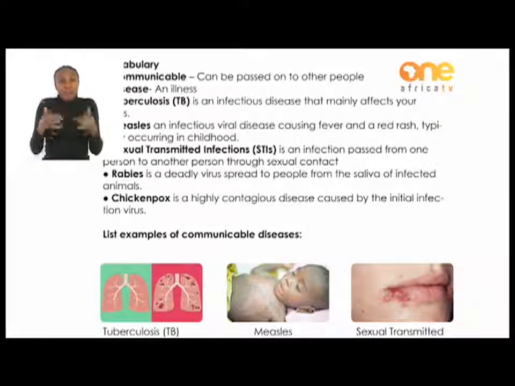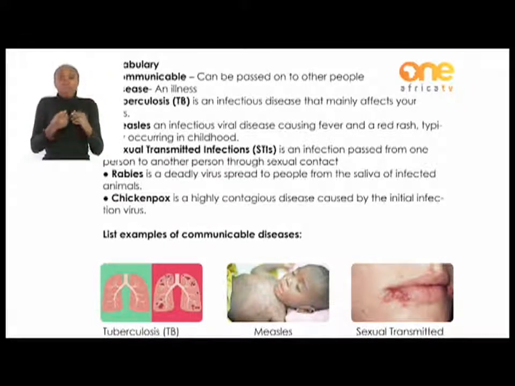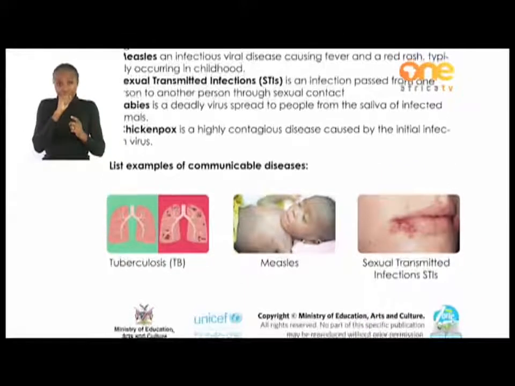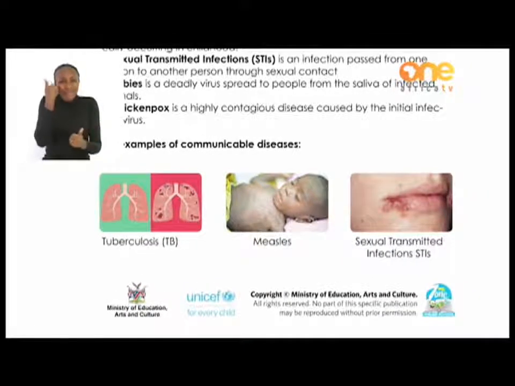Now, what is a communicable disease? It is an illness that can spread from an infected person through saliva droplets from sneezing and coughing. List examples of communicable diseases. We have tuberculosis, which is TB. Now, you will have high fever, coughing up blood, weight loss, and sweating at night.